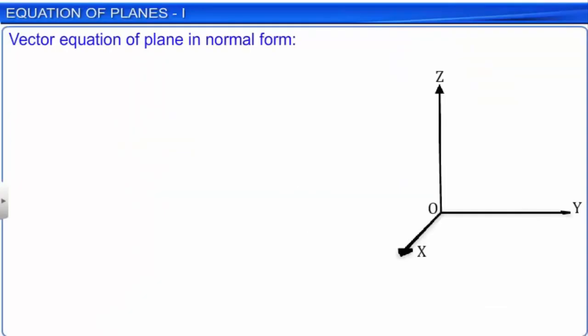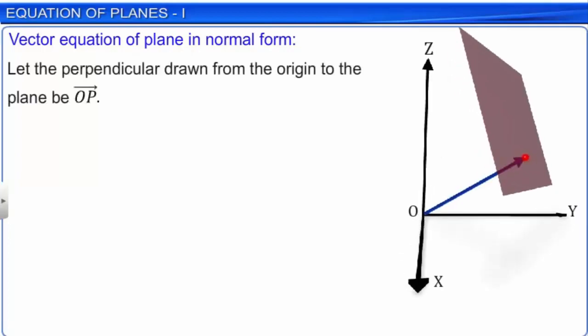Let us start with finding the vector equation of a plane in normal form. Consider a plane in a 3-dimensional coordinate system as shown. Draw a perpendicular from the origin to the plane. Let this perpendicular meet the plane at point P and be represented by vector OP.